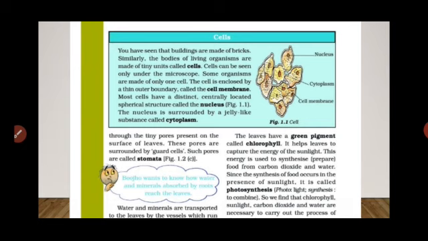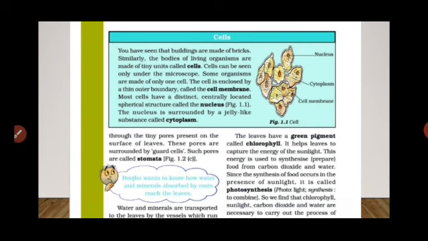Okay students, the nucleus is surrounded by a jelly-like substance called cytoplasm. Means the nucleus is the center of the cell, and it is surrounded by a jelly-like structure called cytoplasm.